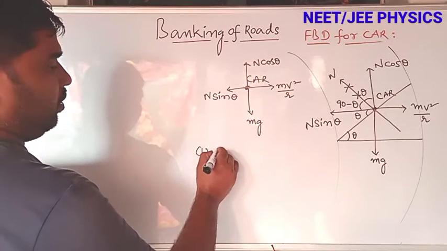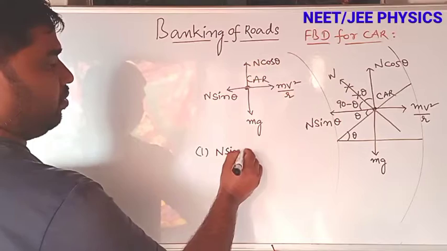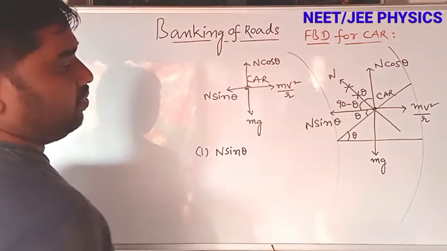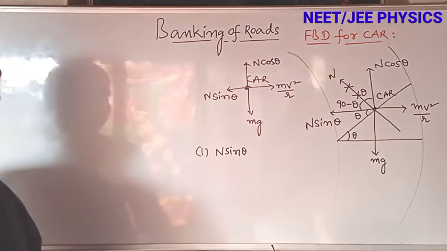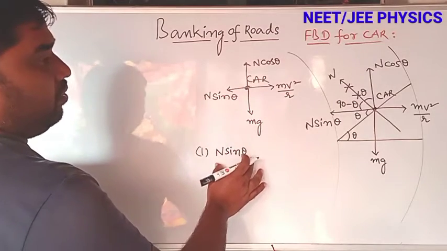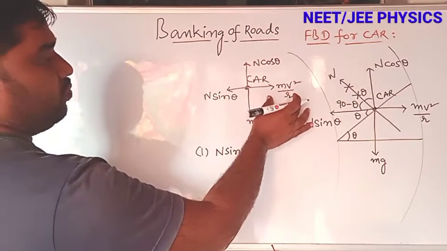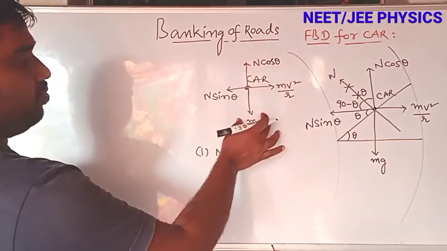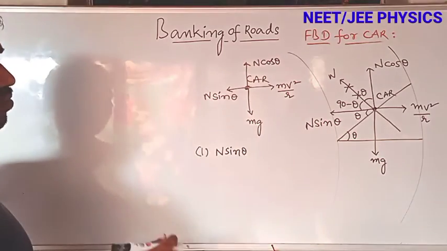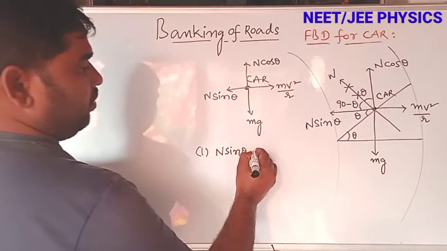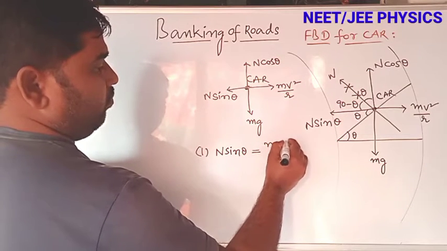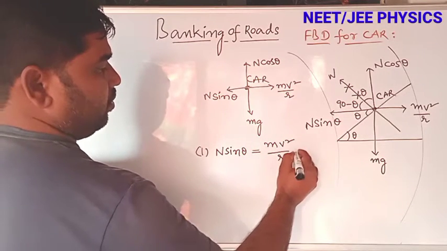Now the first point: for a safe circular turn, n sin theta must be equal to mv square by r.